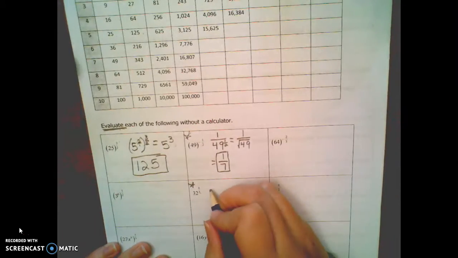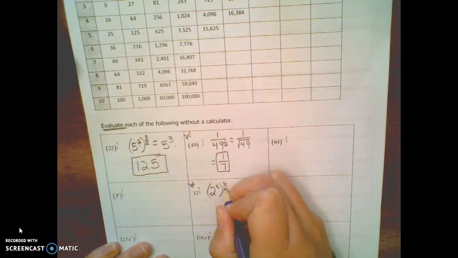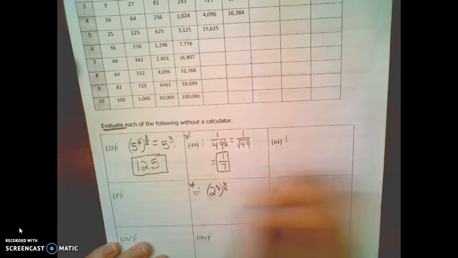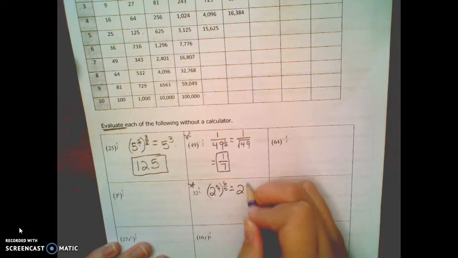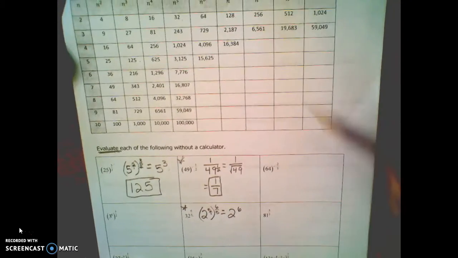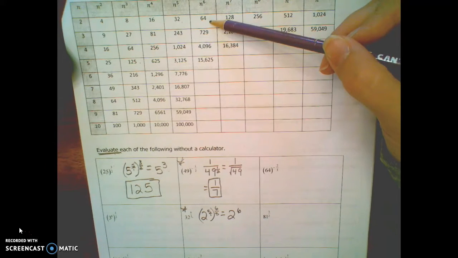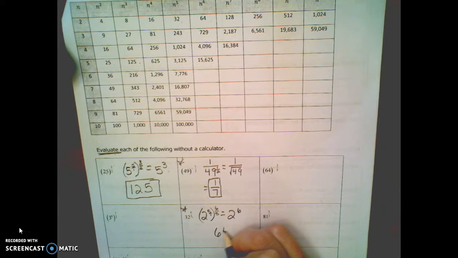So I'm going to rewrite 32 as 2 to the 5th power, and I'm going to multiply that by 6/5, and so the 5's cancel out, and I have 2 to the 6th power, which I know, but if I didn't, I could look up here and see that 2 to the 6th power is 64. So my answer for this one is 64.